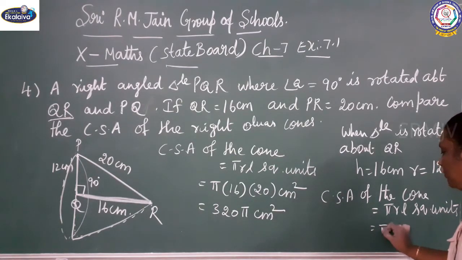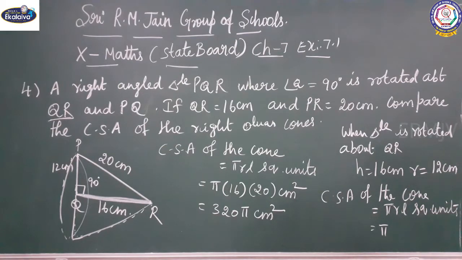It gives pi into the radius 12 into the L value 20 centimeter square. It gives 240 pi centimeter square.